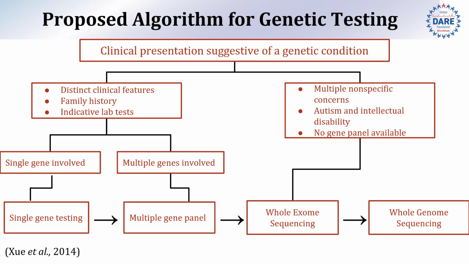For patients with complex, non-specific symptoms such as, say, autism or intellectual disability, or when no specific gene panel is available, whole exome sequencing is recommended to evaluate these coding regions. These are the specific instructions across many genes.